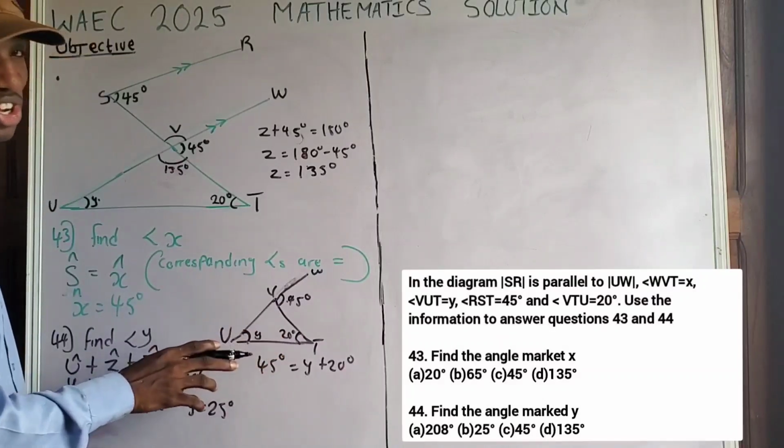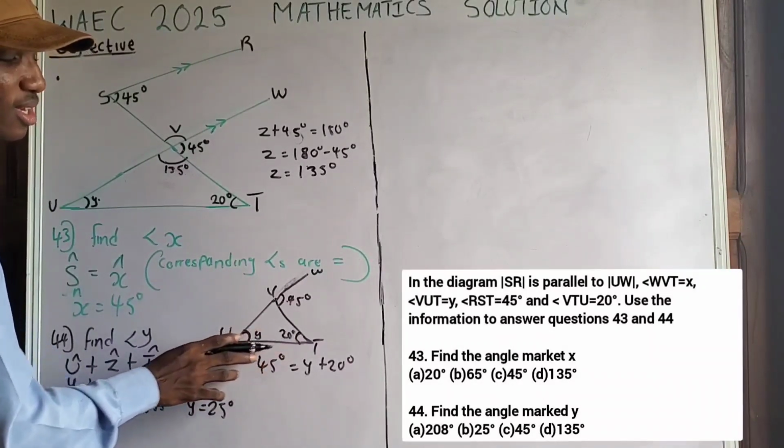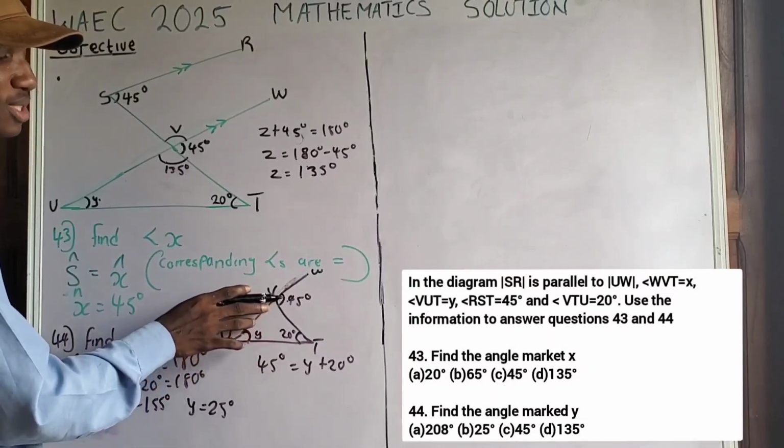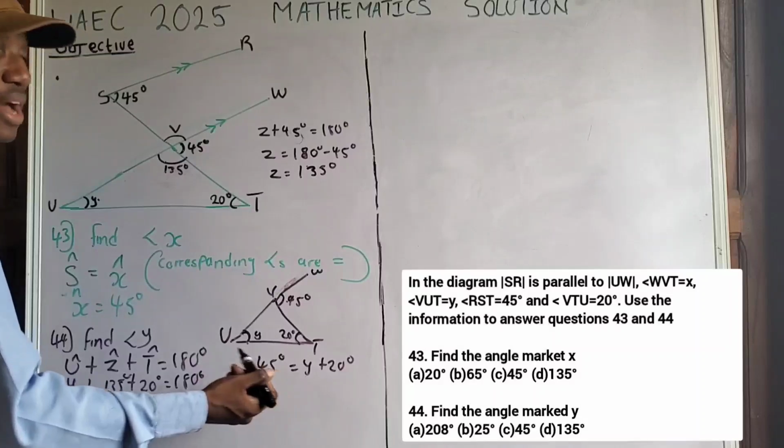The two opposite interior angles are Y and 20 degrees, and they are opposite to the exterior angle of 45 degrees.